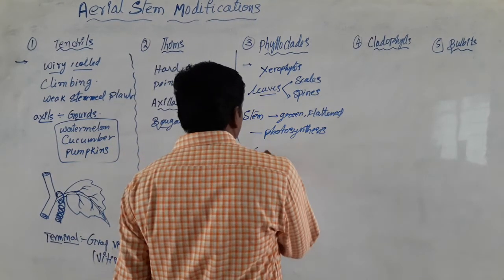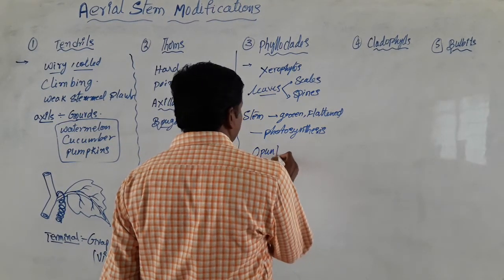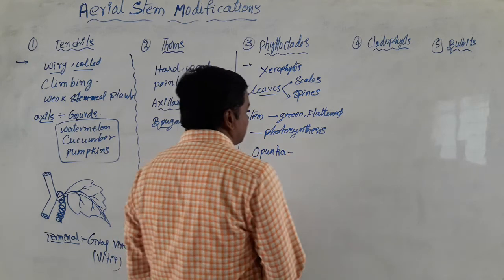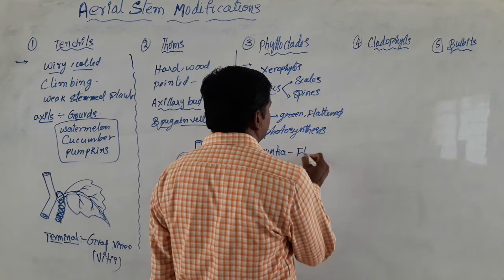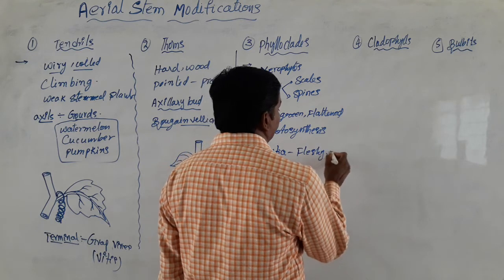Similarly, in the case of Opuntia, these phylloclades are green, fleshy and flattened.